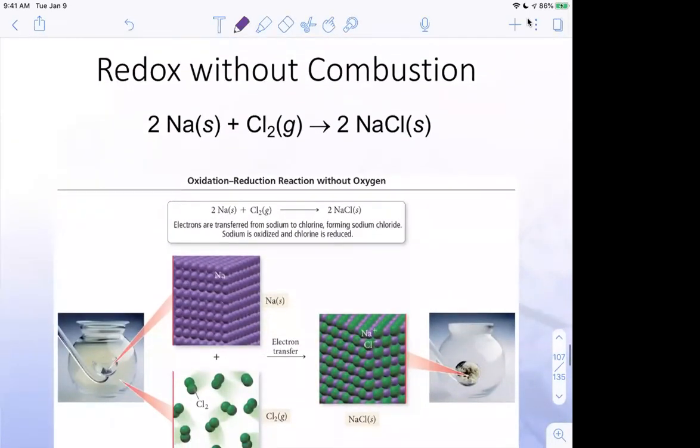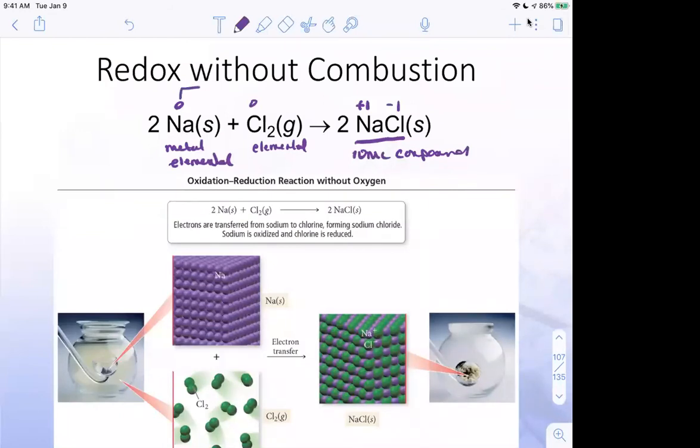Now, I don't have to have combustion. I don't have to have the presence of oxygen. This is metallic elemental sodium, which is also neutral. And this is elemental chlorine, which is neutral. Here I formed an ionic compound where my sodium is +1 charge and my chlorine is -1.